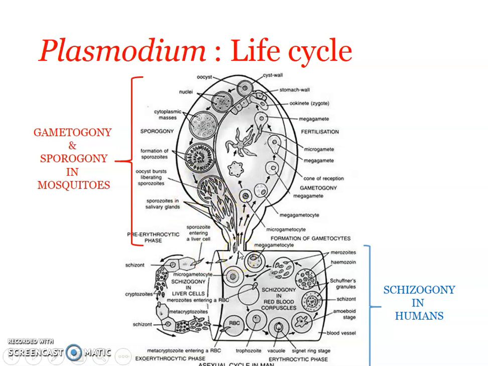The mosquito punctures the skin with the proboscis of its mouth parts and first introduces some saliva into the bloodstream, along with which the sporozoids present in the saliva are also inoculated. And these sporozoids represent the infective forms of the parasite.